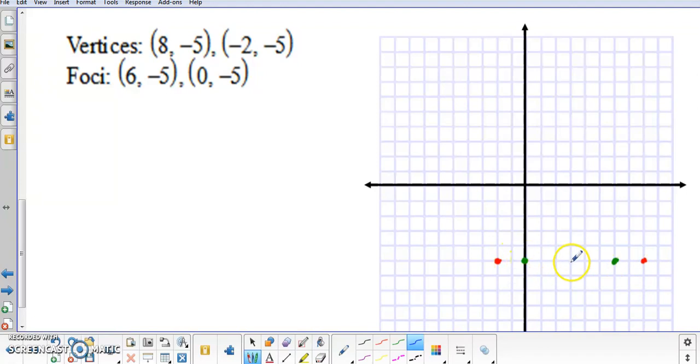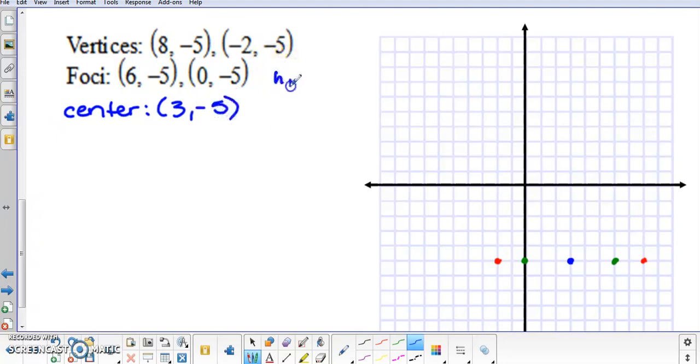So 1, 2, 3, 4, 5, halfway in between. I could have also done the same thing with my foci, going 1, 2, 3, 4, 5, 6. If there's 6 between here, halfway between is 3. So here's my center, so I already know that. Center. And that's going to be at positive 3, negative 5.